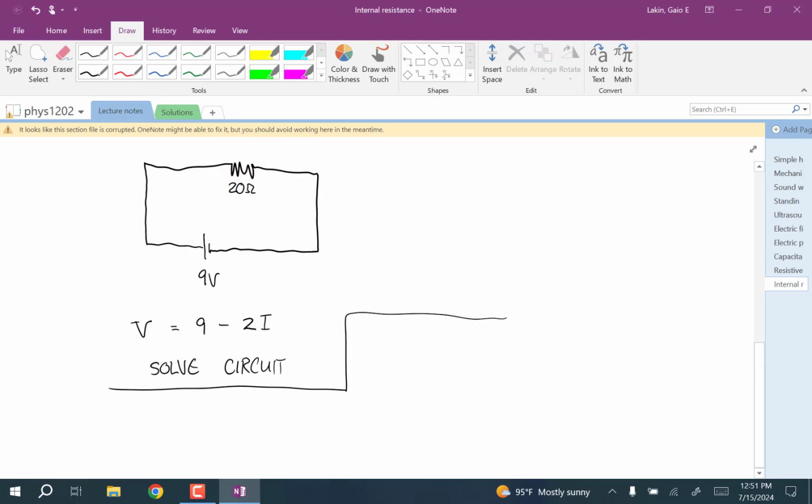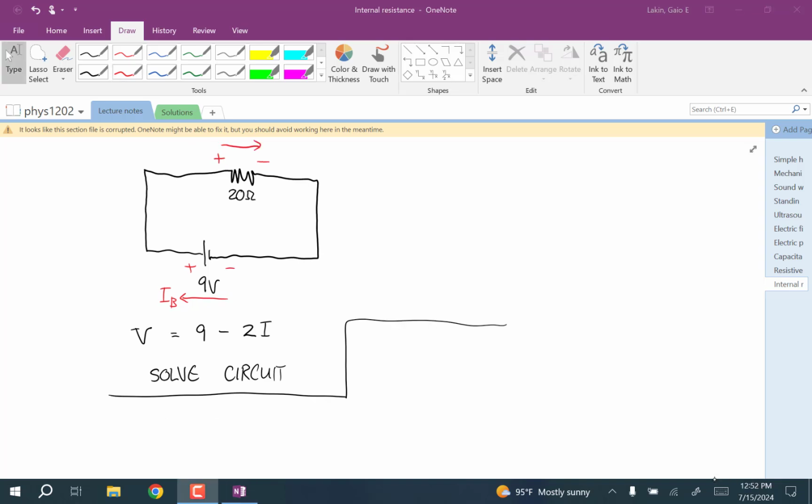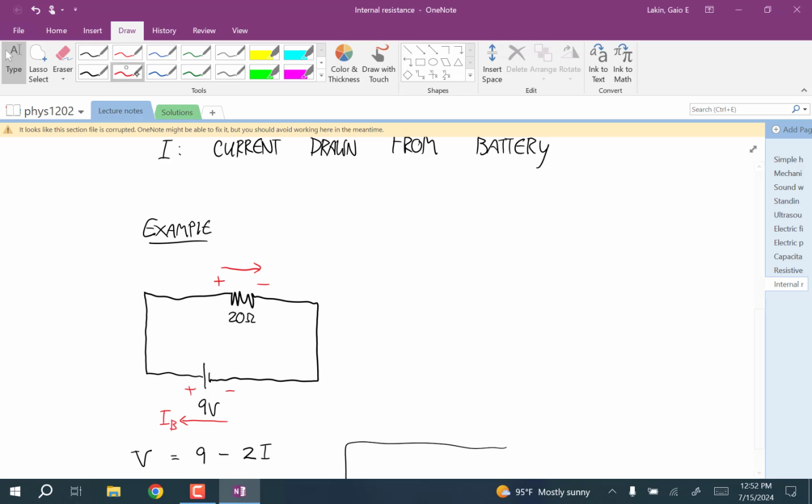And so our positive is this way, and our battery current is like this. The voltage here, if this current is IR, is going to be 20 times IR.